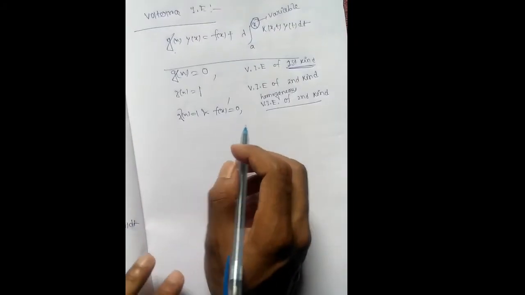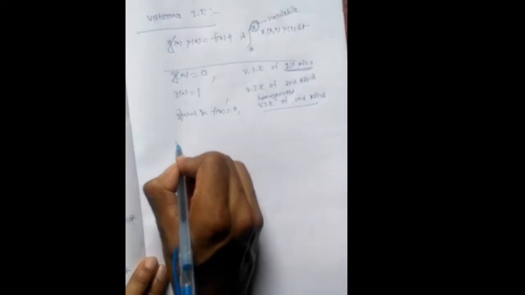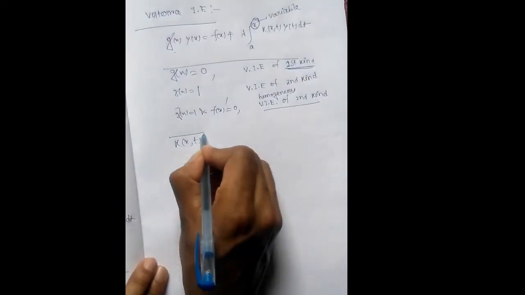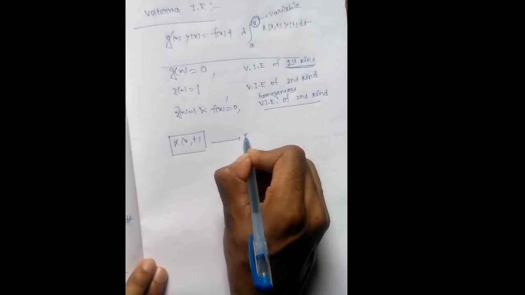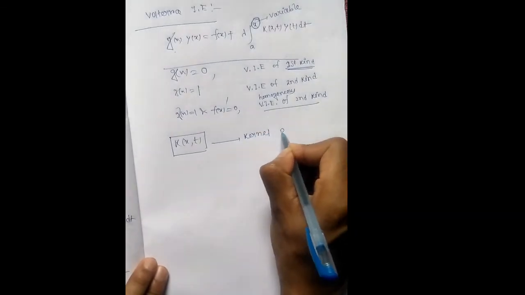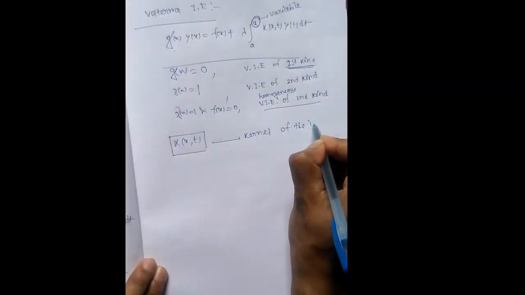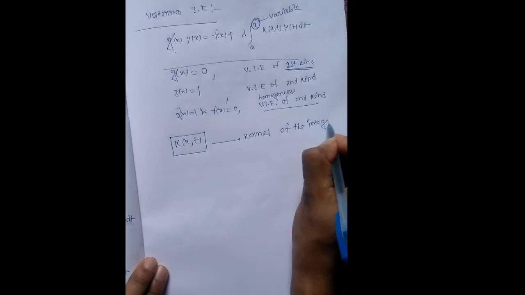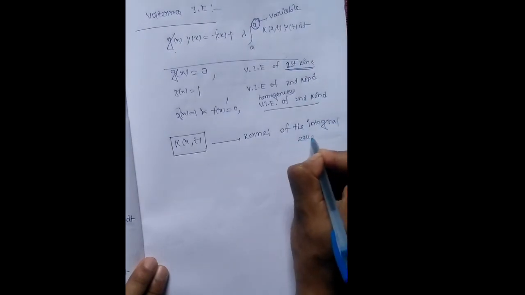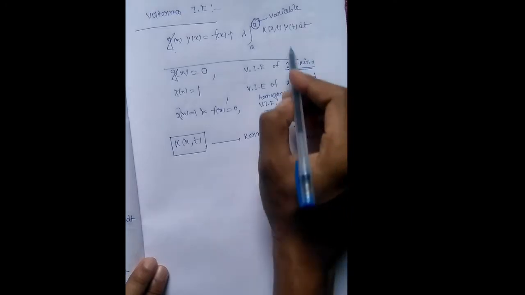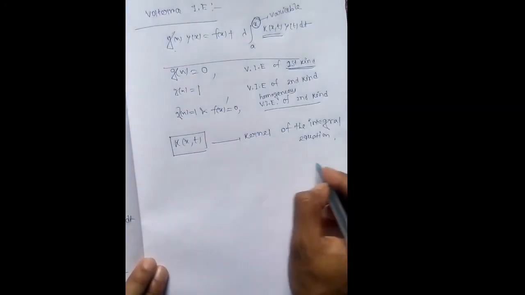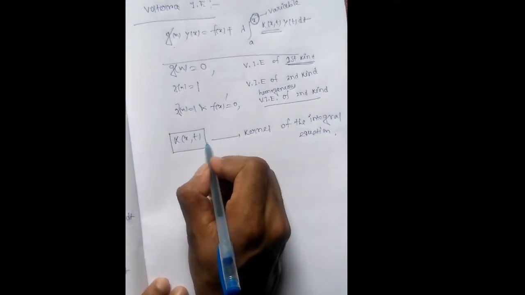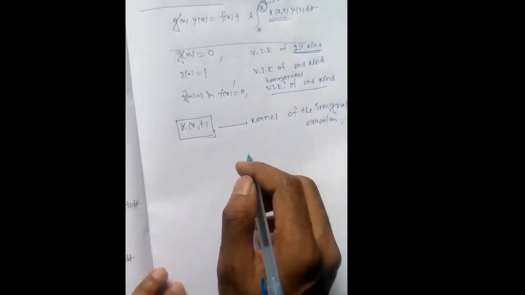Now you see that K(x,t) is called the kernel of the integral equation. There are many types of kernels.